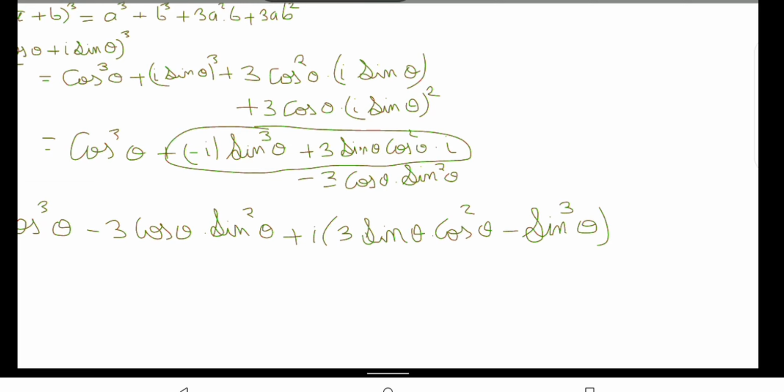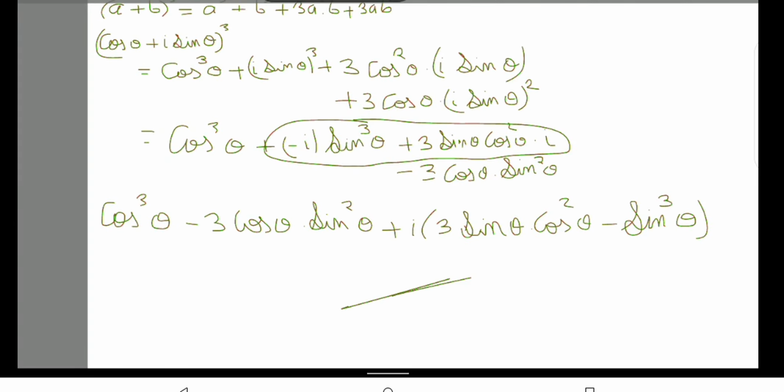So we have separated real part and imaginary part, and that's equal to, by de Moivre's theorem, cos 3 theta plus i sine 3 theta.